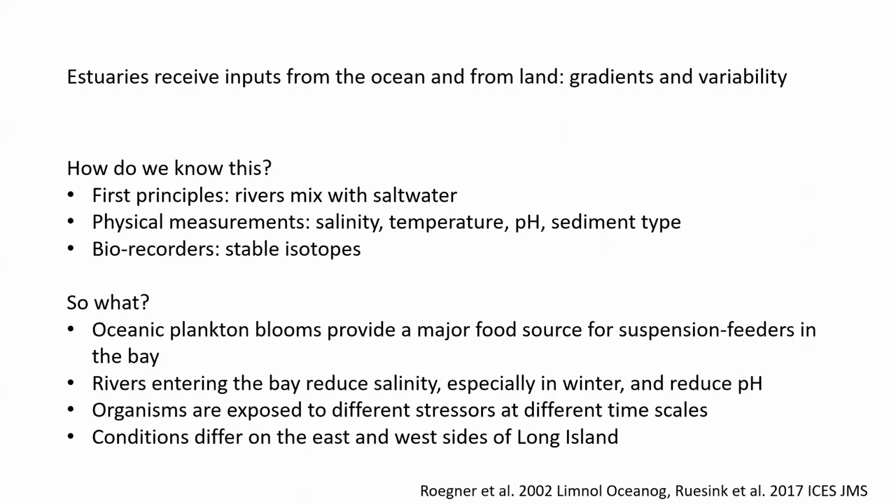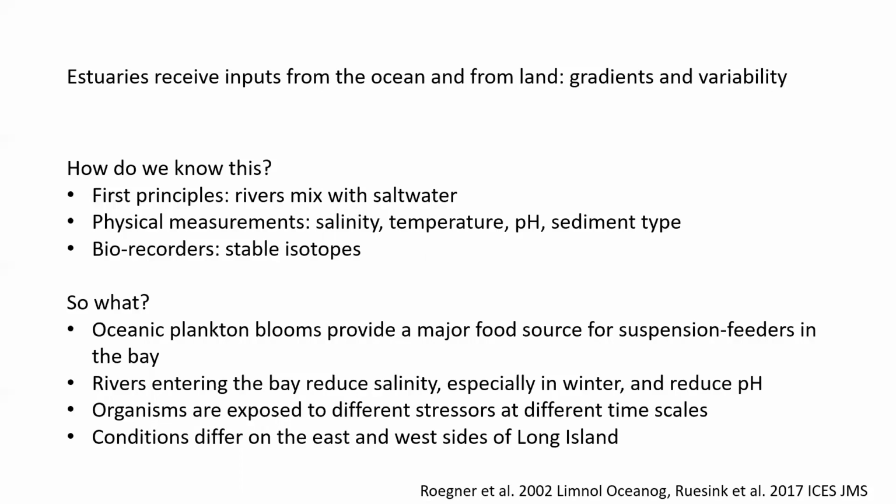Okay, well, I have really just barreled you with a whole bunch of information about variability. I'll just summarize by saying this was really to just talk about Willapa Bay as an estuary that is quite different in different places and also at different time scales. We know this from first principles because it is an estuary. We can also measure it with salinity, temperature, pH, and sediment type, and we have these biorecorders in eelgrass and oysters and other fixed organisms that can help us understand the energy sources that are supporting different parts of the bay.